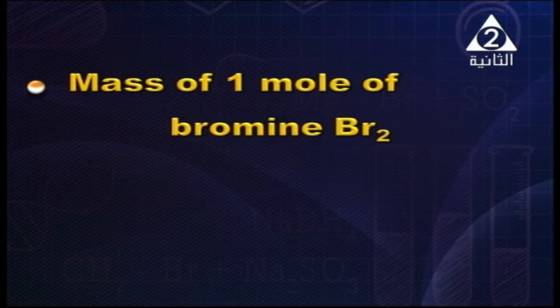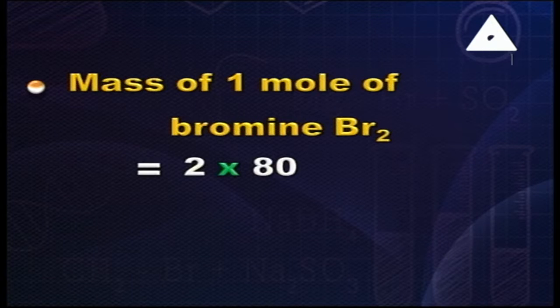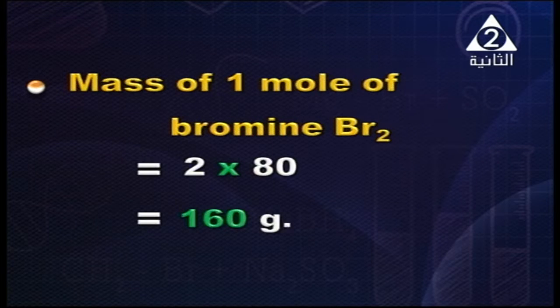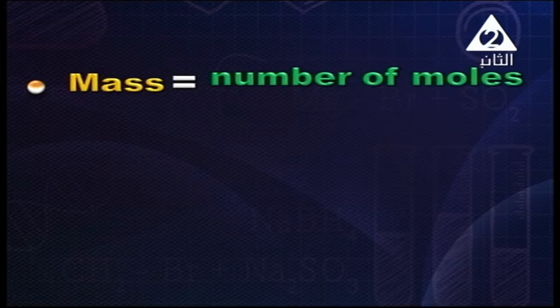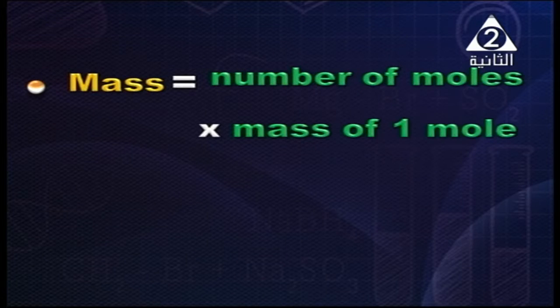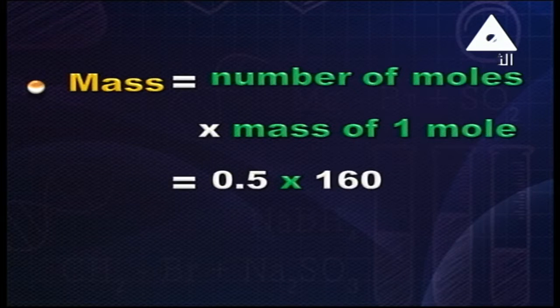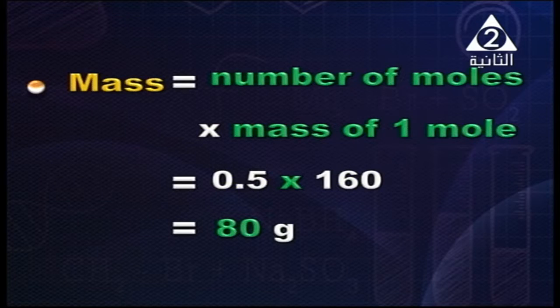So 2 by 80 equals 160 grams. The mass equals number of moles by the mass of 1 mole, equals 0.5 by 160 equals 80 grams.